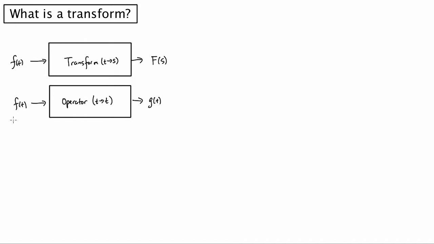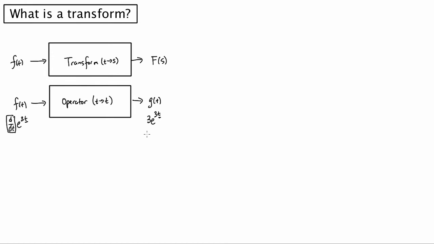For example, if you operated on the function e to the 3t, the operator here is d dt. It passes through the operator and out pops the function 3e to the 3t. The point is, we didn't change the domain. So we're very familiar with how operators work.